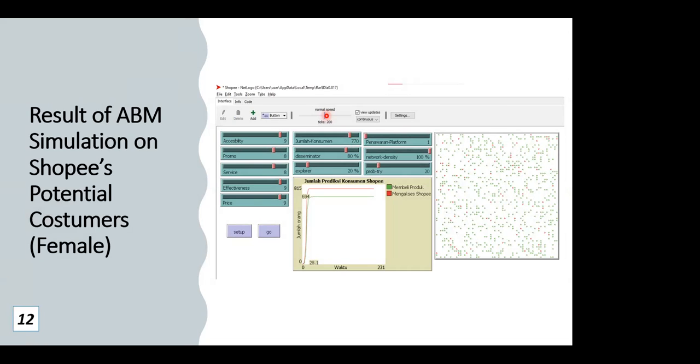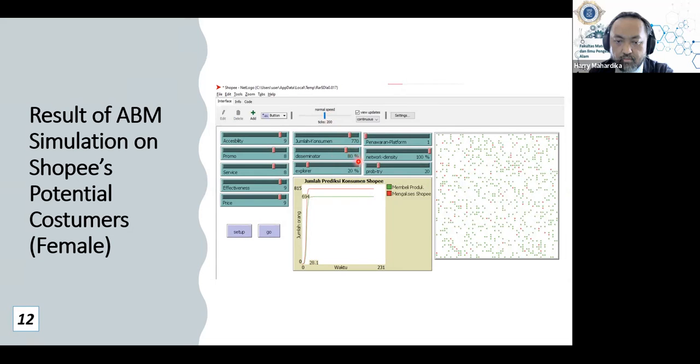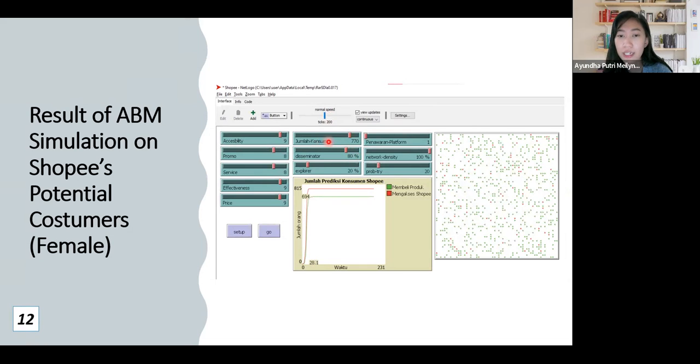So as we know, the percentage of disseminator is 80% of the total agent or jumlah konsumen. If we multiply the percentage of disseminator with jumlah konsumen, we can know the number of disseminators. And from this chart, when this line becomes constant, it shows that the simulation is done.